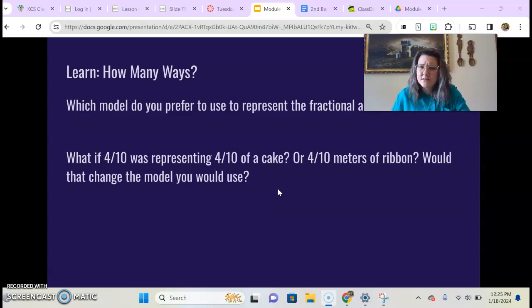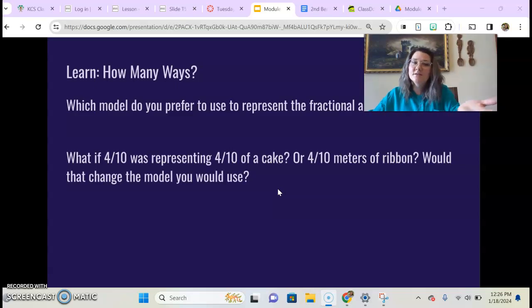Now, I know we're not there to discuss, but when I'm thinking of walking or measuring a distance, I'm thinking of a number line. So if I used a number line to represent 4/10, I can imagine Gabe running 2/10 and then walking 2 more tenths to get to school. Now, does that mean that that's the only way you can represent 4/10? No, but it may be a better representation of the problem.